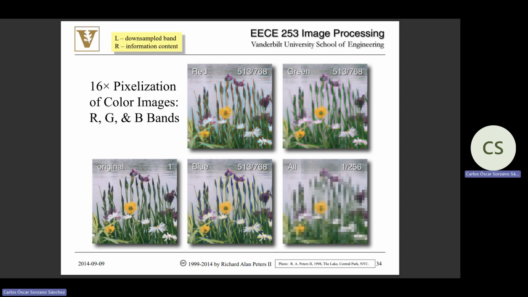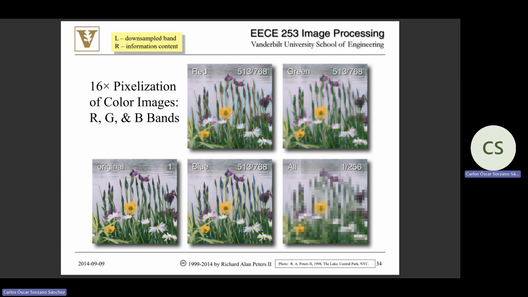The other two stay the same, but the red channel has been pixelized by a factor of 16. You see artifacts, but it is not so bad. Now for the blue, again you see artifacts, but not so bad. For the green, it is terrible, you see? So this is kind of proof that we have more green receptors than red and blue receptors.